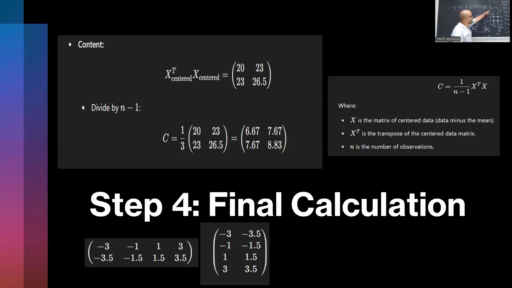For the first element, C11, I had to multiply row number 1 times column number 1. How much do you get? -3 times -3 is 9. Plus 1. 1 times 1. 3 times 3 is 9. I have to add them all together. 9 plus 1.